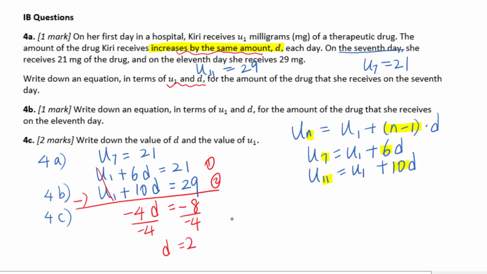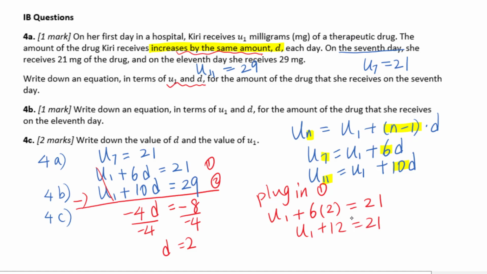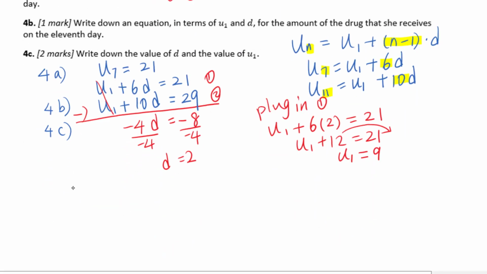Then we plug d equals 2 into the first equation. So we have u1 plus 6 times 2 equals 21. u1 plus 12 equals 21. Then subtract 12 both sides. u1 equals 9.